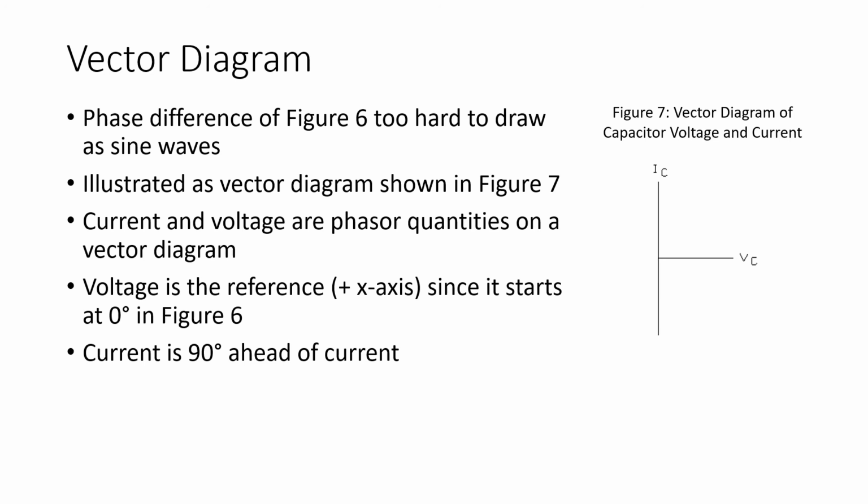Capacitive reactance is the opposition to sinusoidal current provided by a capacitor, and mathematically X sub C equals 1 over 2 pi f C. And in a capacitor, there's a phase difference between the current that flows to charge a capacitor and the voltage applied to a capacitor, and that is that the current leads the voltage by 90 degrees.